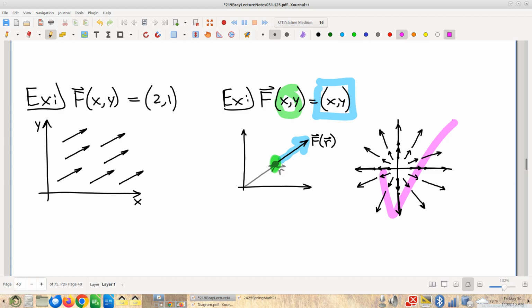Okay, so this is a good example to chew on, and again, we're building experience in your minds of how to look at formulas for vector fields and see what they look like. Again, with this brand new construction of how to draw things, completely different construction. So that's what this one is.